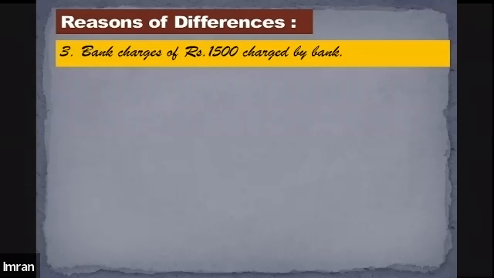So the cash book will indicate the same balance as it was previously indicating at the beginning of the month. But the passbook will be reflecting a different balance, probably 1,500 less than the previous balance. All right, everybody, is that clear?